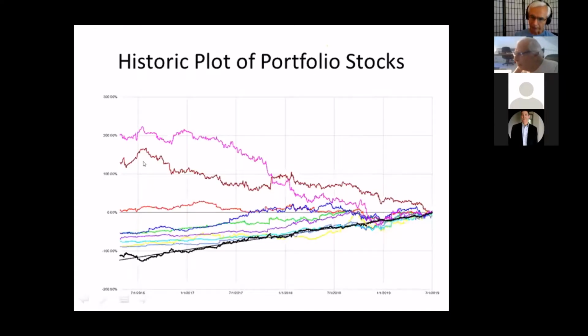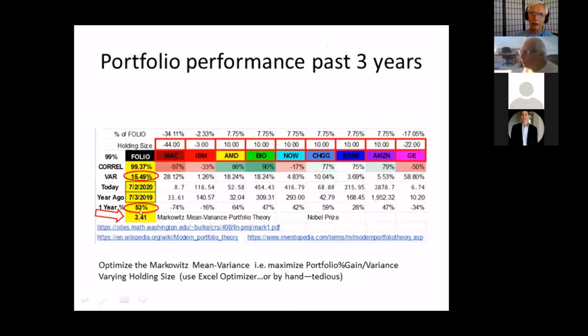Actually, to this value here. You want to optimize this one that I have the arrow by to 3.41. That was the best with this given portfolio over the past 3 years.